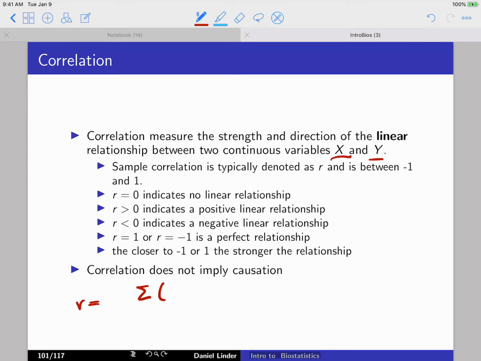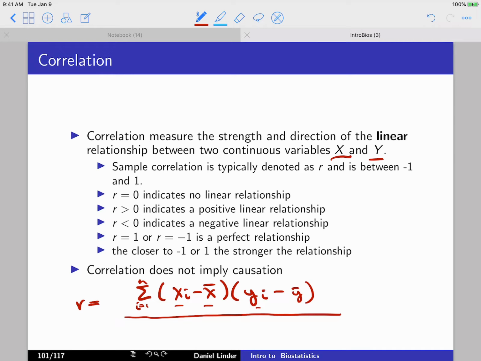We've got a summation in the numerator, the sum of the cross products of the deviations of x from its mean and y from its mean, divided by some notion of the variation in each of x and y. Underneath we have square roots of the summation of (xi minus x bar) squared and the summation of (yi minus y bar) squared.